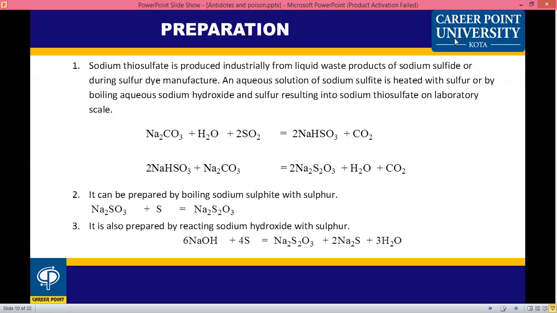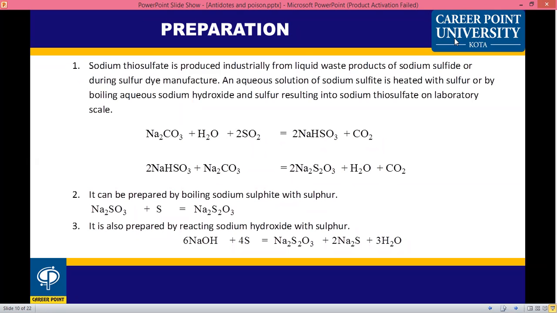If sodium bicarbonate or sodium carbonate reacts with sulfur dioxide, sodium thiosulfate and carbon dioxide are formed. These are processes for industrial scale formation. Sodium carbonate reacts with sulfur dioxide and sulfur to form sodium bisulfite, and that reacts with sodium carbonate to form sodium thiosulfate, water, and carbon dioxide.